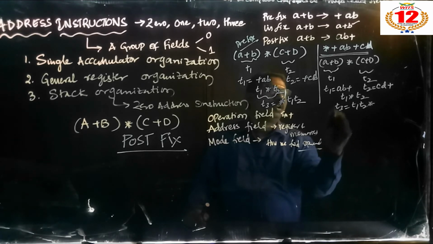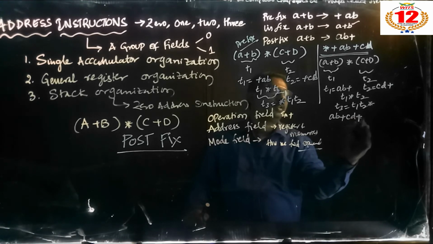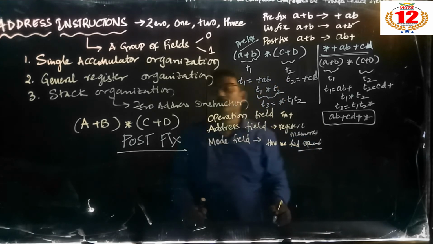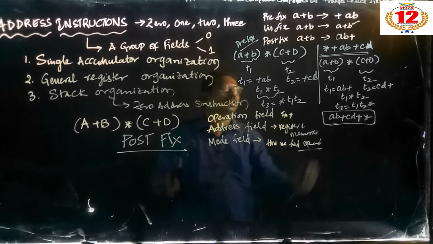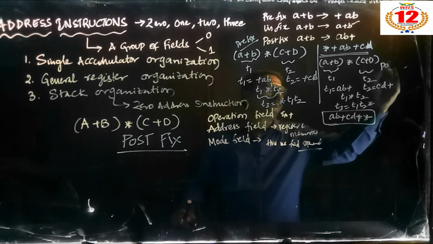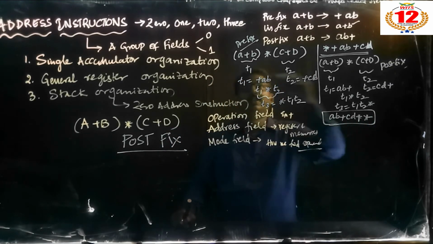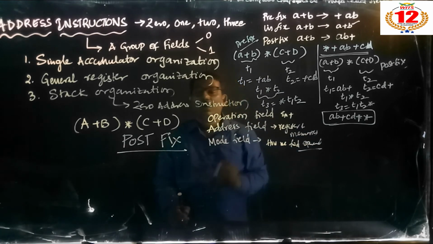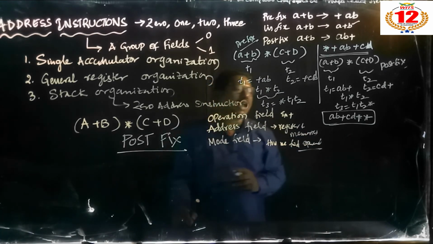Then the T1 value AB plus, CD plus, asterisk. This is the output. So this is the postfix. This is prefix.